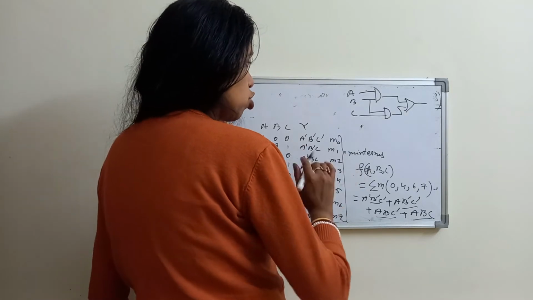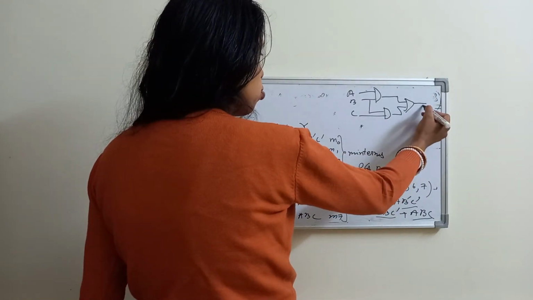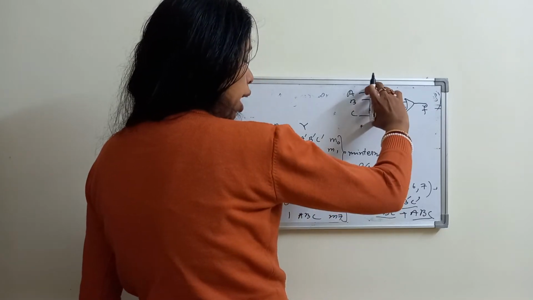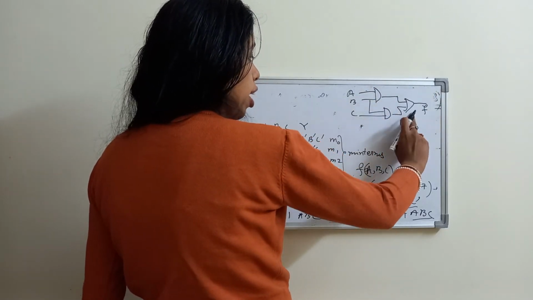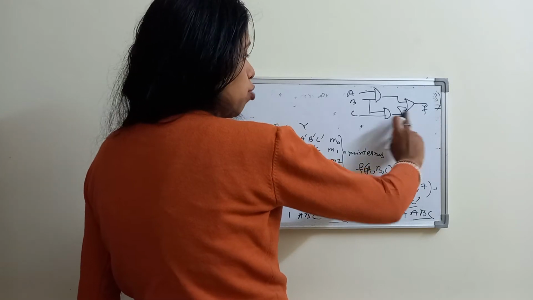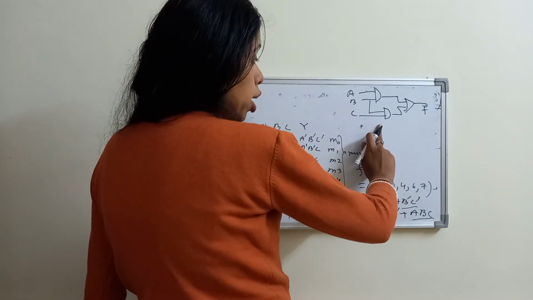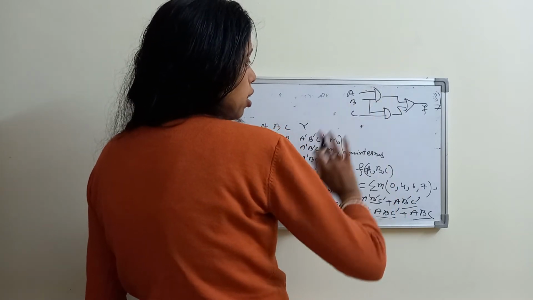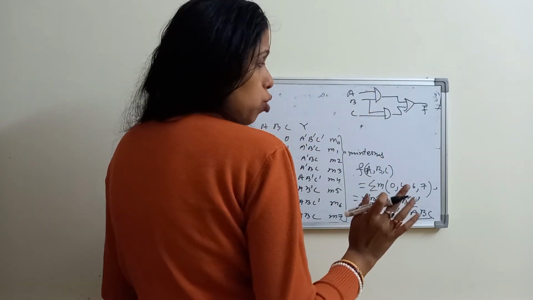This is associated with SOP only. How can you find that this is associated with SOP? For SOP, first will be the AND gate, and then at the final section you will have the OR gate, because product then addition. So if you see the circuit, you can tell that this is associated with the SOP only.